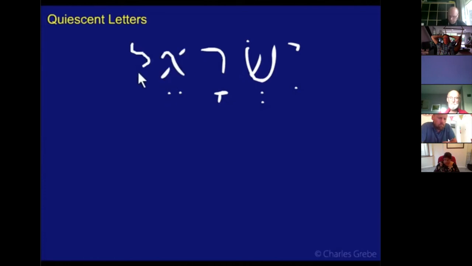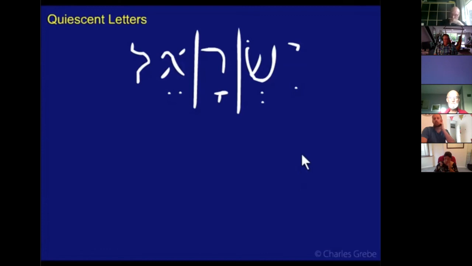Yisrael. Okay, so we have Yis, ra, el. And what I want to look at here is Aleph. Here we have Aleph at the beginning of a syllable, and it is functioning as a consonant. It's holding the position of a consonant. This is a CVC syllable. Now let's look at another word, Yish.